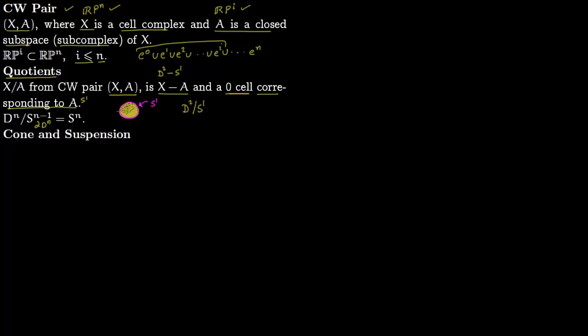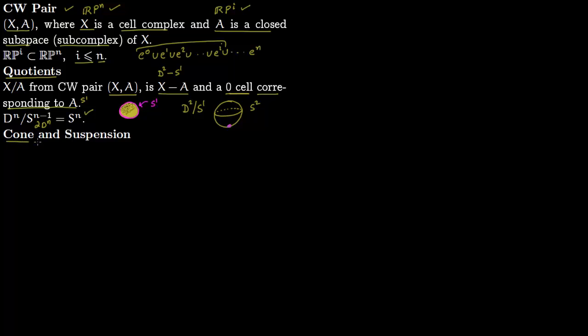So you have to collapse this S^1 to a point. Once you collapse this S^1 to a point, what you get is a sphere, and this entire boundary is collapsed to this point. So we have a sphere here, S^2. That is our standard example. So D^2 by S^1 is equal to S^2. So D^n by the boundary of D^n, S^(n-1), is S^n. You collapse the boundary to a single point.